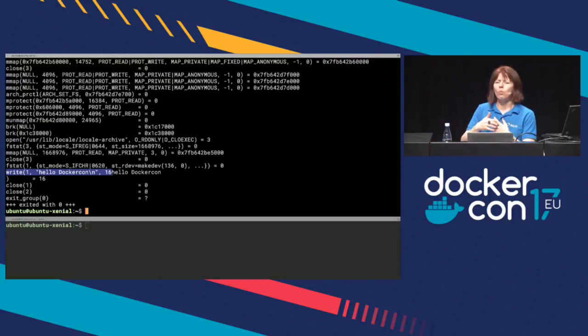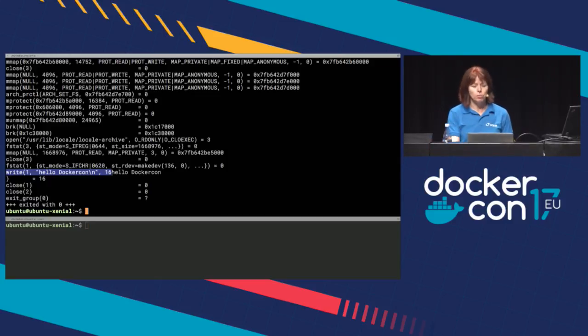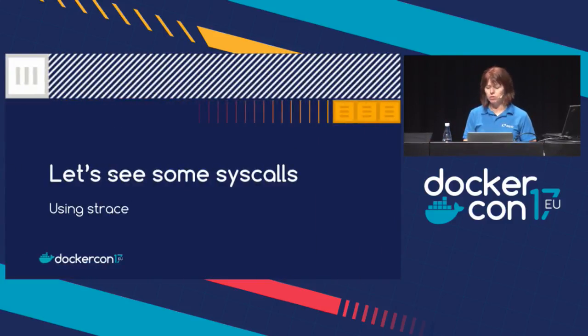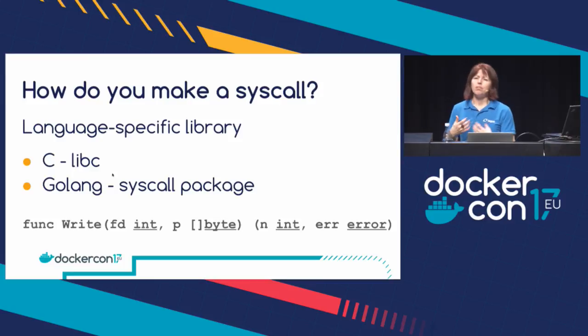So whenever you do anything, even as simple as writing to the screen, even if you're not aware of it, you are invoking system calls. Occasionally, you might call a system call directly, but usually you call a library function, which calls another library function, which calls another library function, which calls one of these system call libraries.